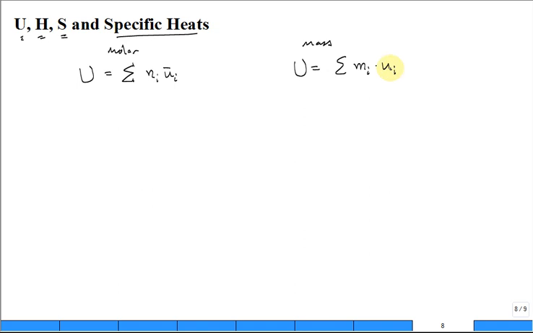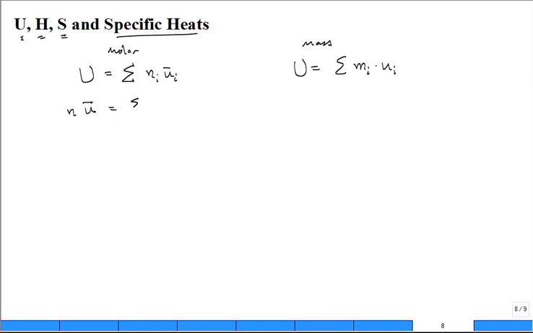Does that make sense? Would it also make sense that if I was able to calculate cap U, I could say, well, it's the product of the total number of moles of the mixture times U bar of the mixture, the specific internal energy on a molar basis for the mixture.